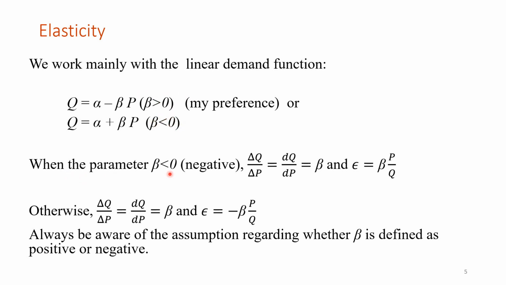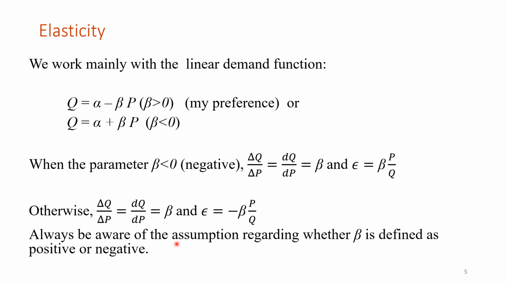When the parameter beta is negative, then we write it that way. But otherwise, when I write it my way, I get delta Q over delta P equals dQ/dP equals minus beta, and I then get epsilon equal to minus beta times P over Q.